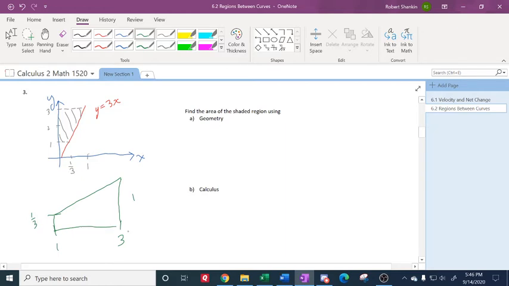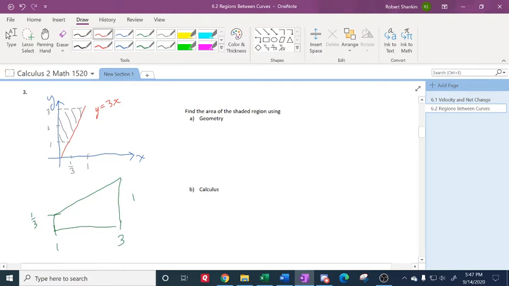By geometry you can make a rectangle down here and a triangle up here, but that takes a while. A very quick way to do it is find the average height if it's a line.